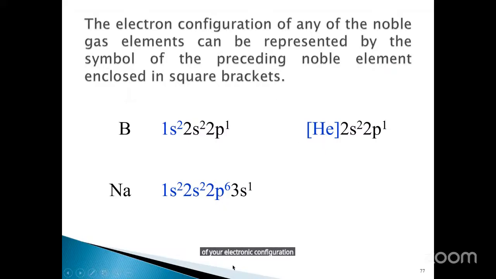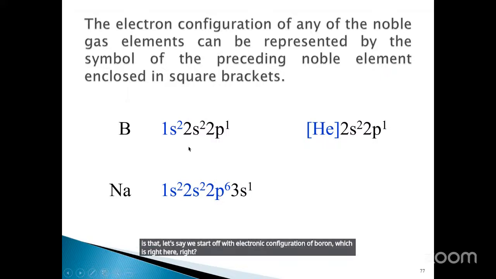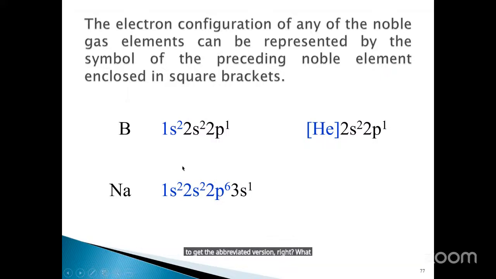To illustrate how this happens, let's say we start off with the electronic configuration of boron, which is this right here, right? To get the abbreviated version, what was decided by IUPAC is that we look at the electronic configuration of the group 8 element that precedes the element that you're concerned with.